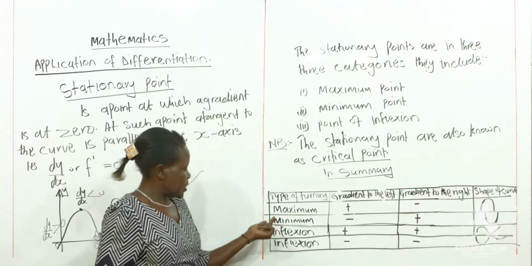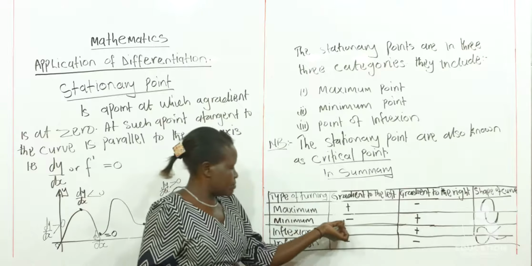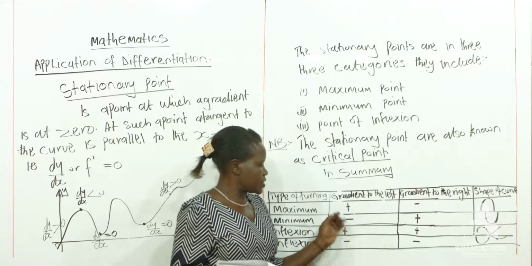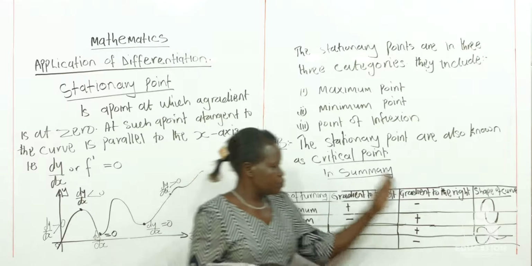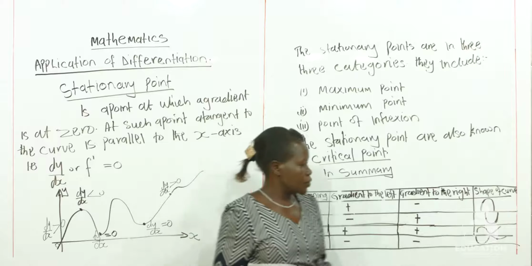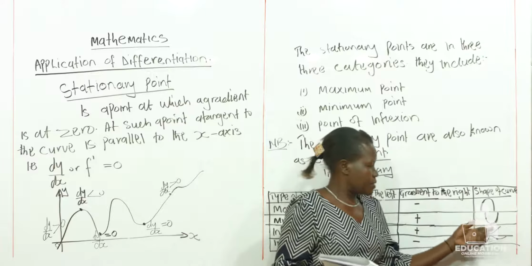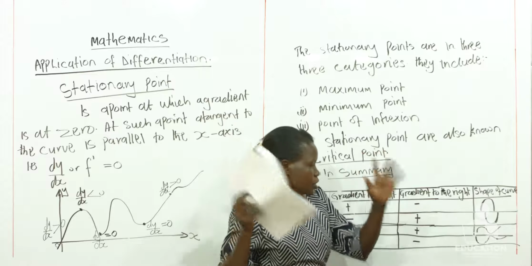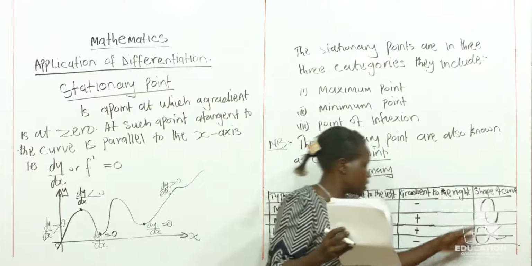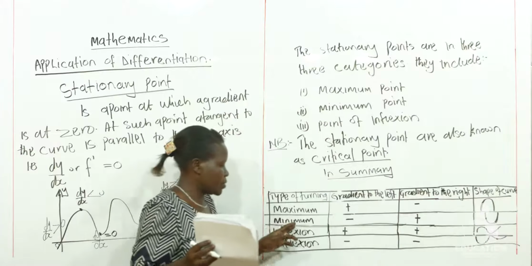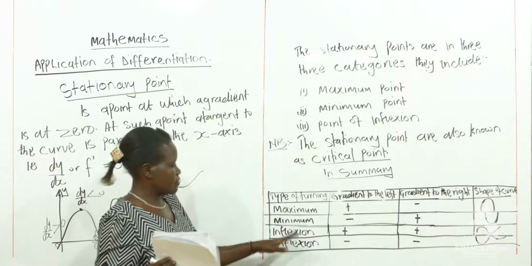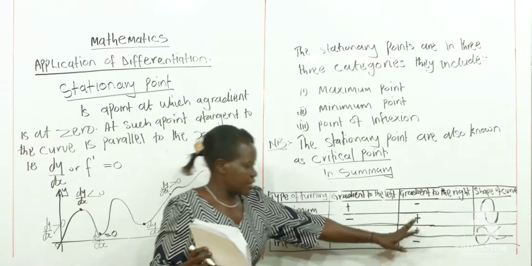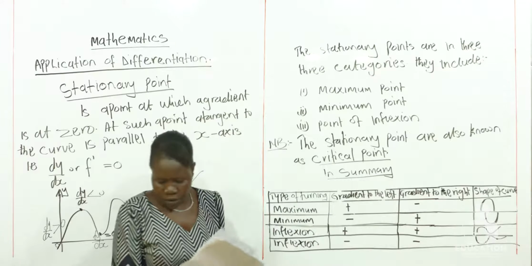And in case you find that the gradient changes from negative to positive, then you will know that my curve will look up, like a U. It means now you are at a minimum turn, and then inflection will be of that nature.